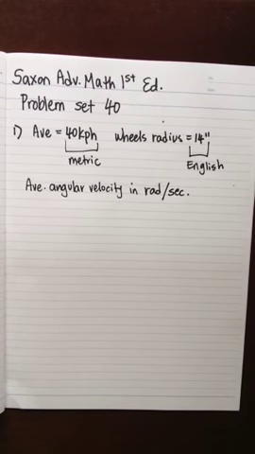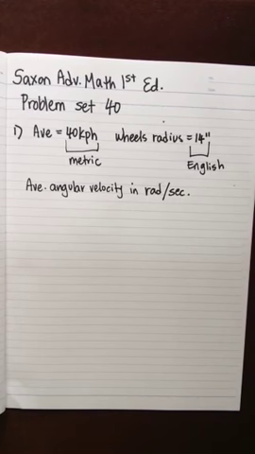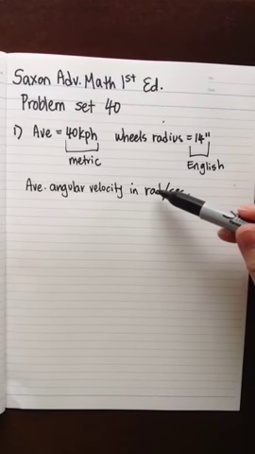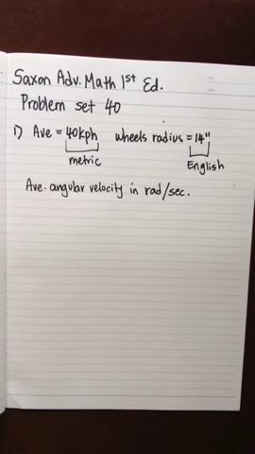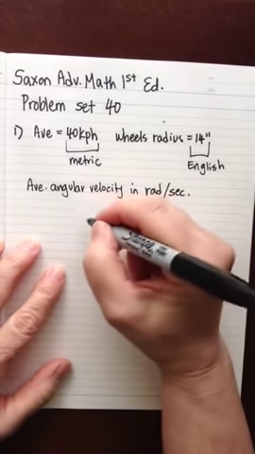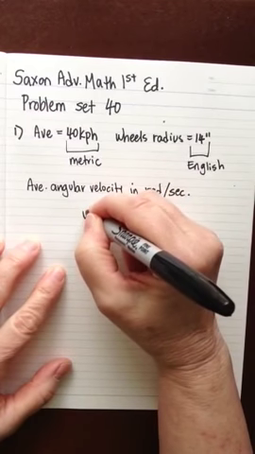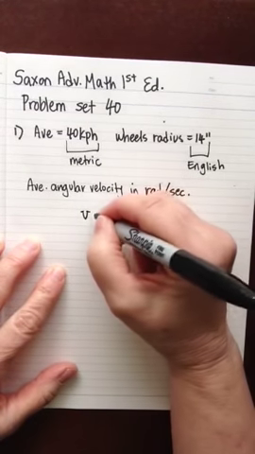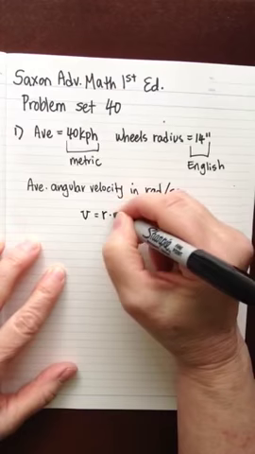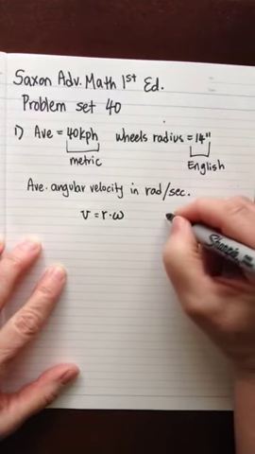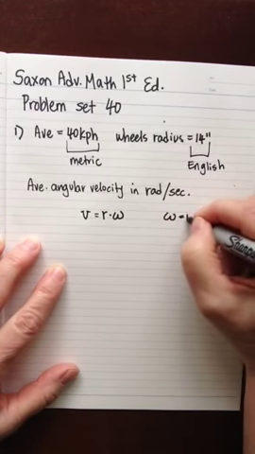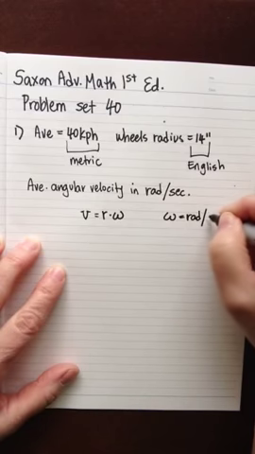But in either case, those units are going to cancel out because remember, radians does not have a unit that goes with it. Also remember that in the equation, v, angular velocity equals the radius times omega. Omega is given in radians per second. It's given in radians per time.